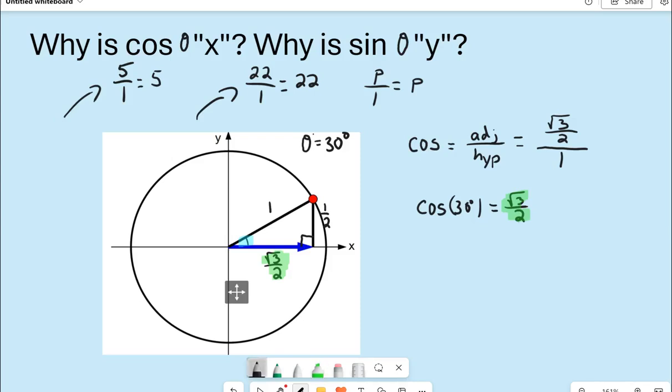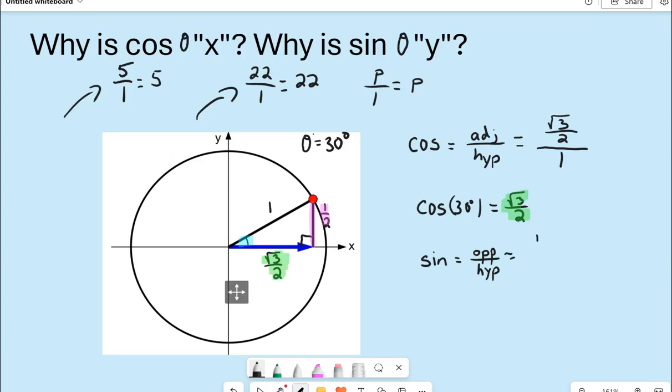Now let's go a little further and look at sine. What's the ratio for sine? We just did this a couple weeks ago. Opposite over hypotenuse. Right. So now let's get a different color here. Looking from that angle's perspective, what's opposite? Yes, right there, the length is 1/2.